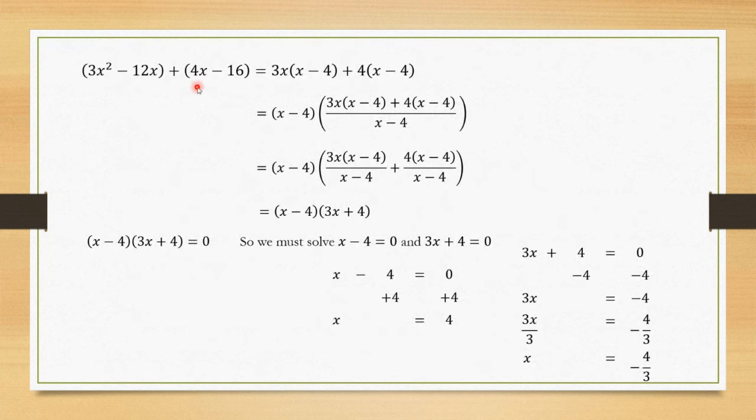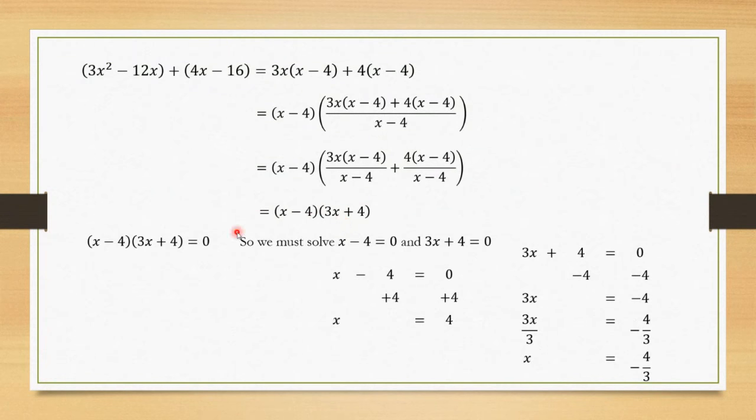Together, we get this is equal to this. And so what do we do? Well, we see a common factor of x minus 4. Let's pull it out. We pull it out by taking out the common factor. To get what's left over, we divide. And so we get this. And really the hard part is done.